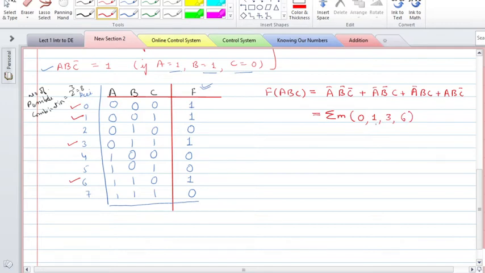It means for these cases the function will give you the output 1.